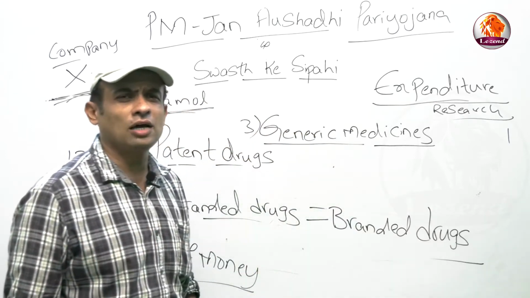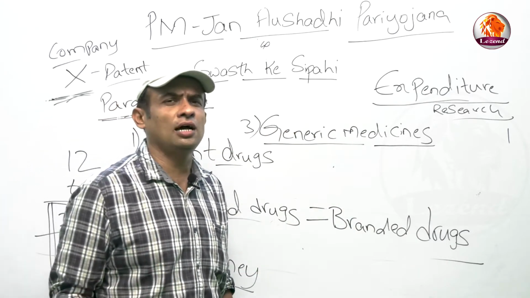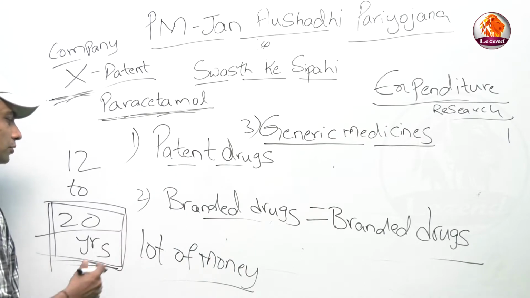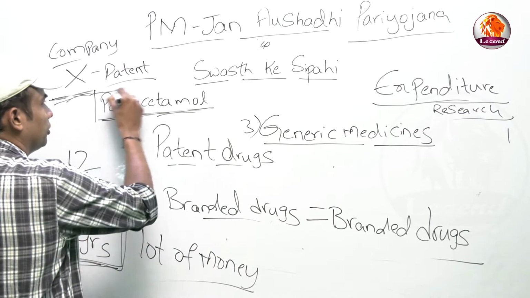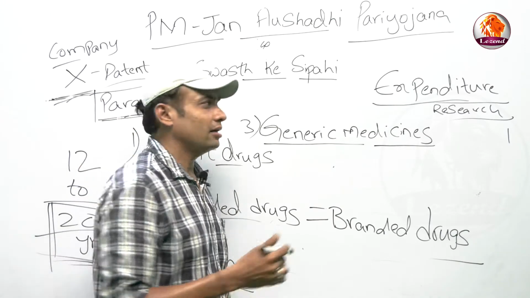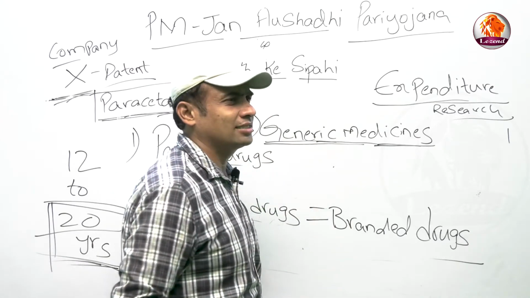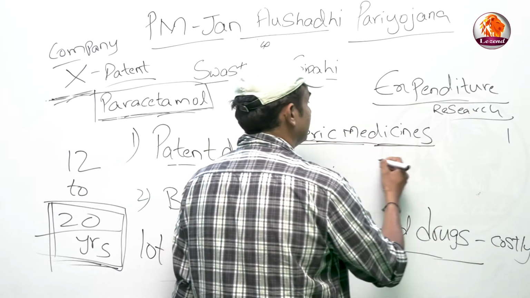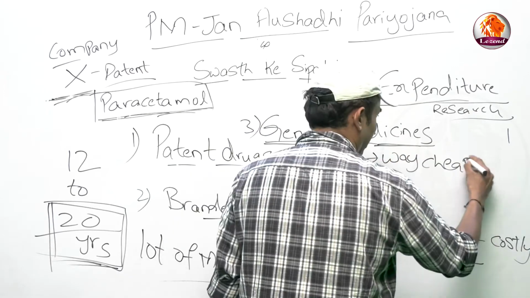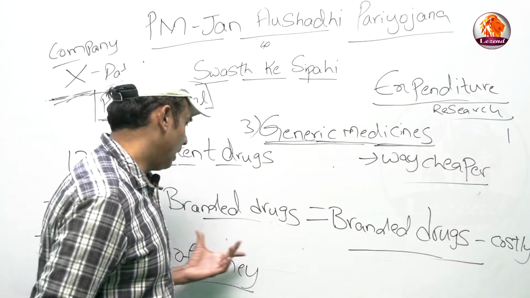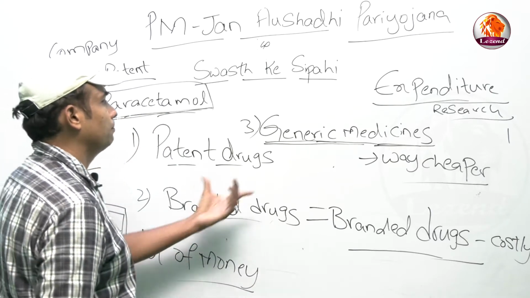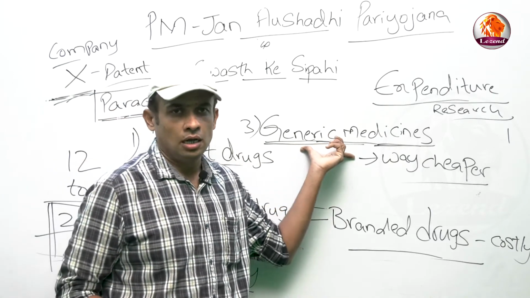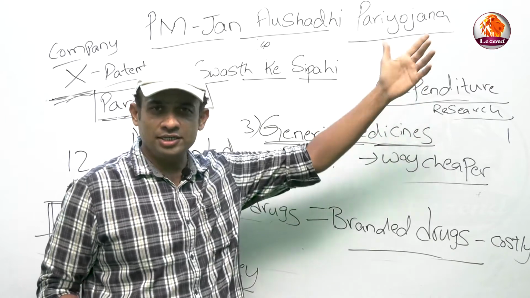After a period of 20 years, any smaller pharmaceutical companies can produce these medicines as generic medicines. Normally these branded drugs are costly and these generic medicines are way cheaper. Why? Because the pharma companies which produce generic medicines do not have any expenditure.